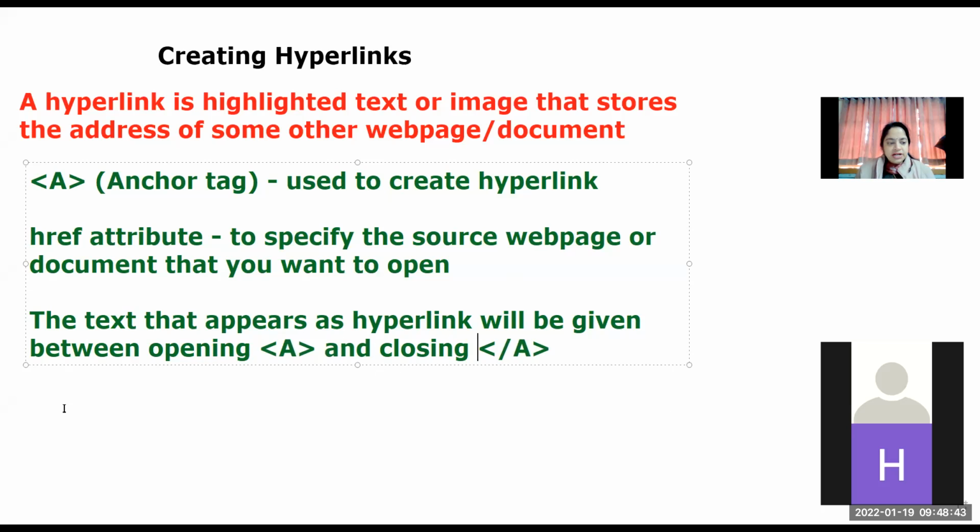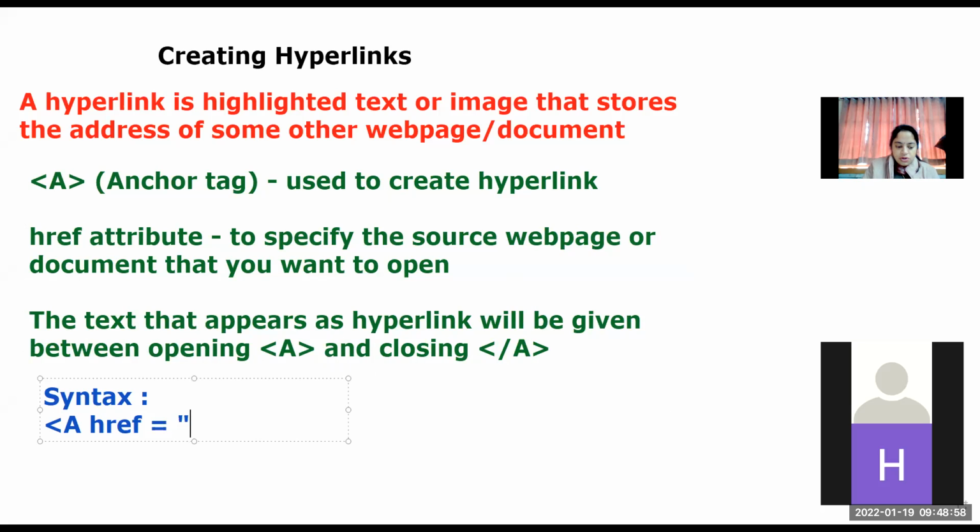So full syntax क्या बन जाएगा हमारा? I'm giving you the syntax. What will be the syntax now? A tag, then href equals to document name and source, document source, ठीक है, close, then text that will appear as a hyperlink.